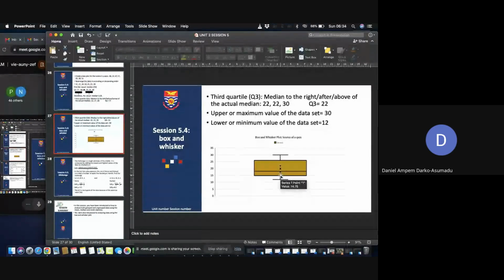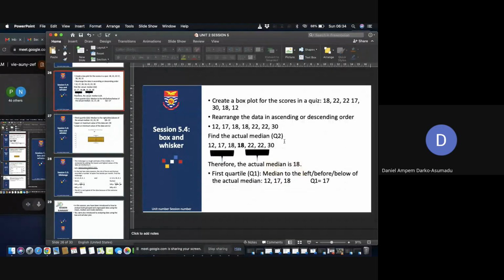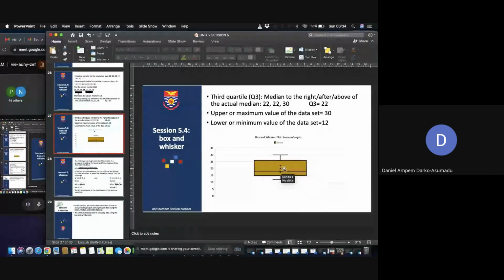Have you seen it? Yes, sir. Then Q2 is the actual median, 18. Plot it in the box. 18 will be somewhere here. You see the star? That's 18.